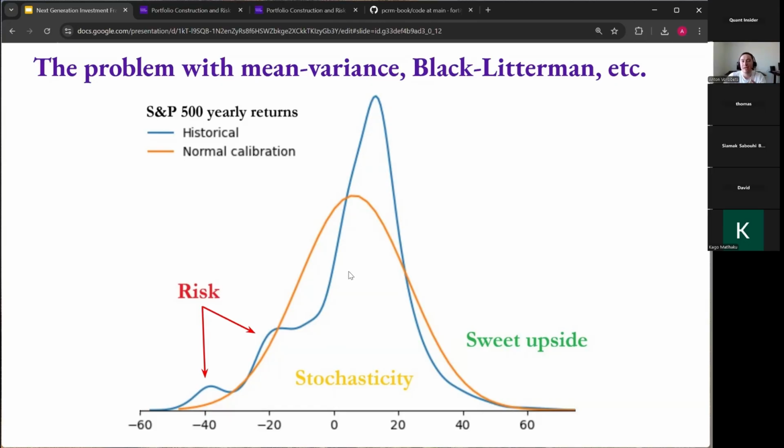Okay. So the final point is that when you're using mean variance and making this elliptical distribution assumption, you're probably not making this mistake just for the S&P 500. You're probably making it for all the investments that you have in your portfolio, because the S&P 500 consists of 500 stocks, and they probably all have these nasty left tails that do not cancel out when we aggregate them into one portfolio. And even if you look at a multi-asset portfolio, you will also see that it usually has these significant losses and drawdowns.